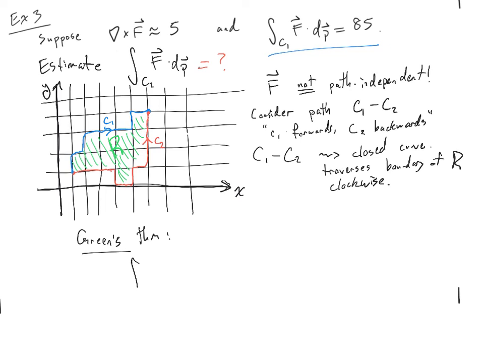tells me that the integral over the closed curve C1 minus C2 of f dot dp, that's the same as, well, minus what you would get as the integral, and that's the extra minus sign. So let's just highlight it.